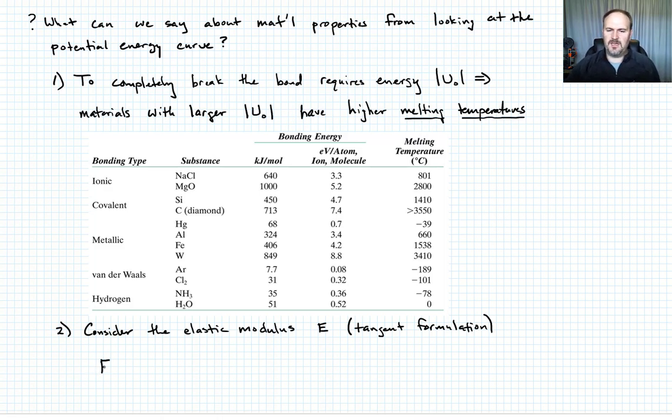So here we go. There's E, the modulus, and we know that that's going to be equal to d sigma over d epsilon, right? The change in stress over the change in strain should give me my modulus. And what is stress? Well, it's F over A, so I could write this as dF over A. But the F that we have used thus far is the force of the bond, not the force being applied.